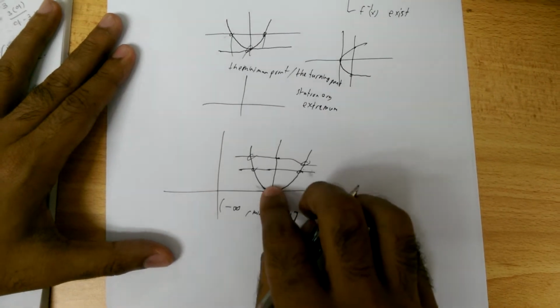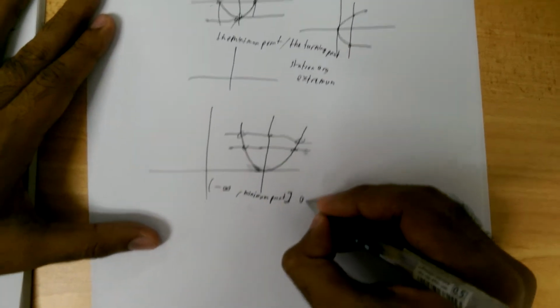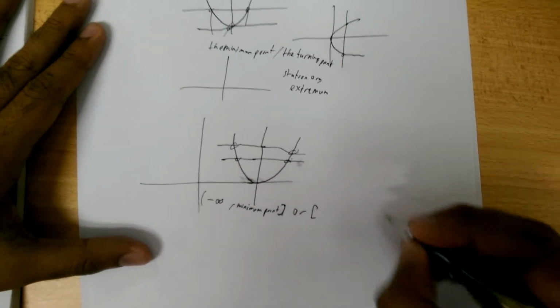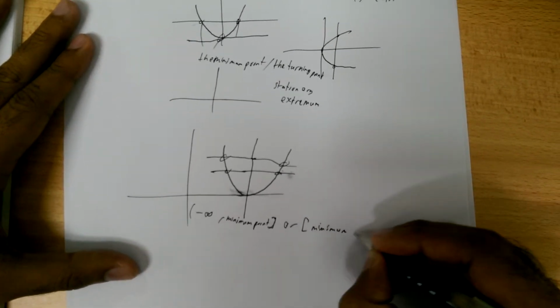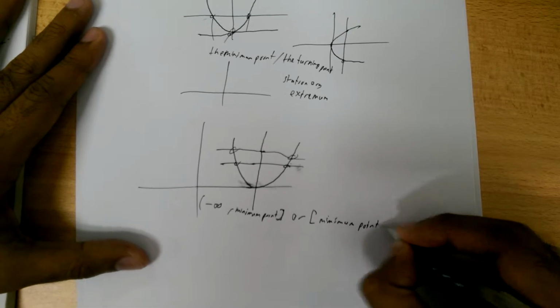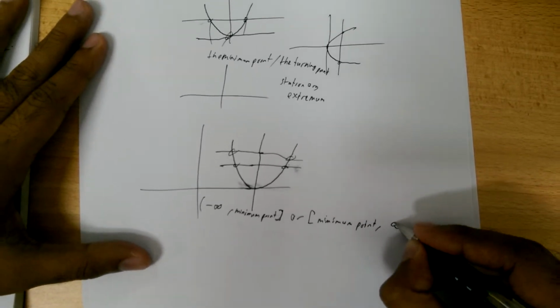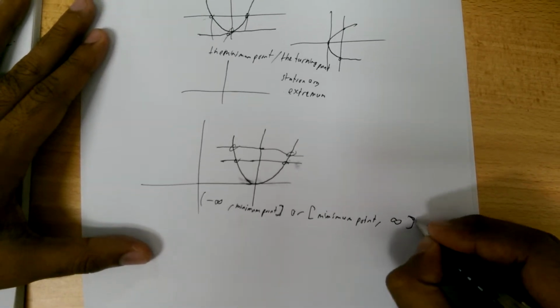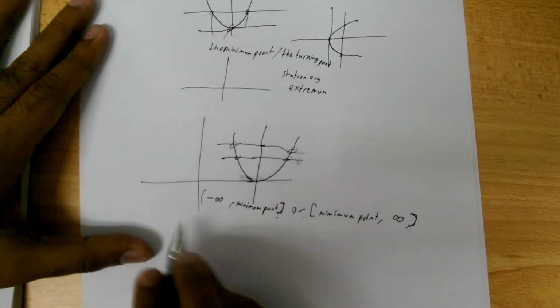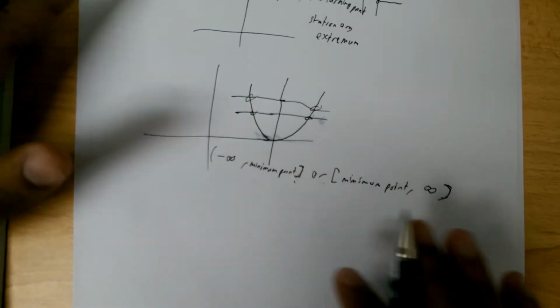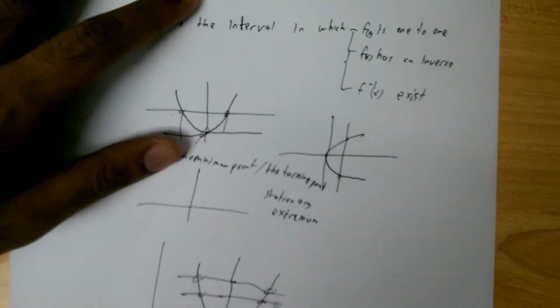The minimum point is included, or it will be the minimum point, until infinity. Close bracket there. Close, open.